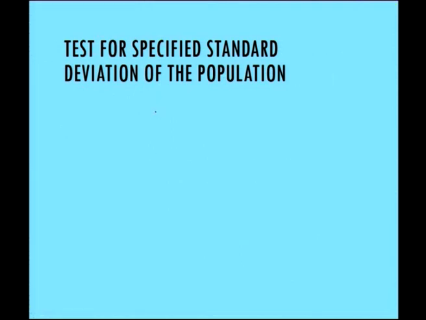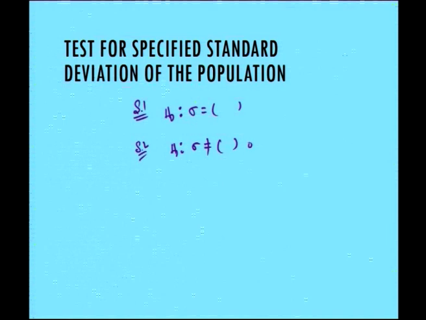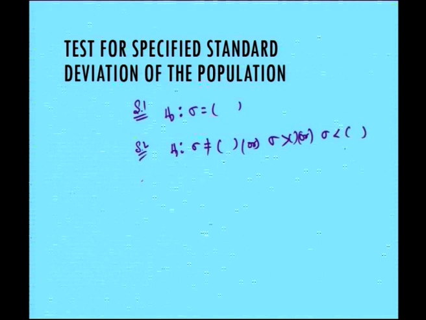First of all, set up the null hypothesis, alternative hypothesis, etc. The procedure goes like this. Step 1, H naught: you set up a sigma value, that is, the population standard deviation value is taken as H naught. In step 2 you contradict H naught by saying it is not equal to, or sigma is greater than a particular value, or sigma is less than a particular value.